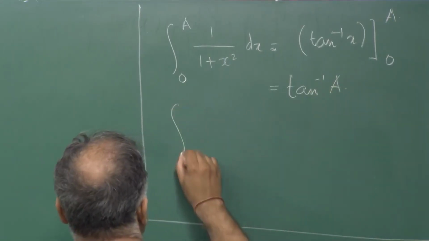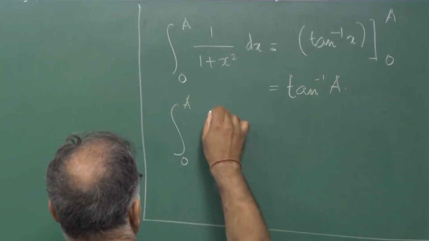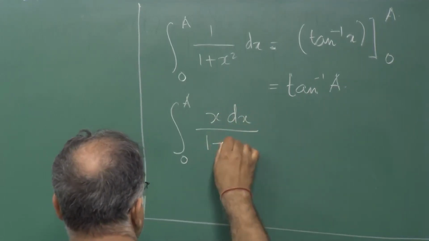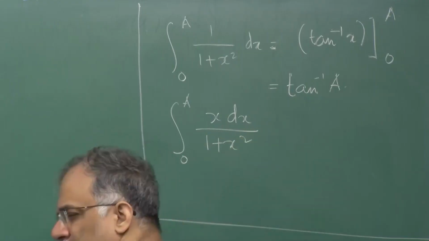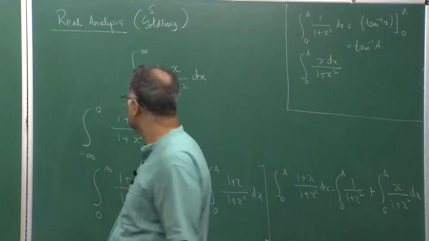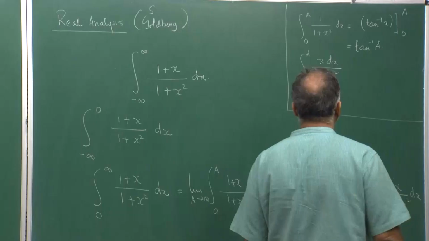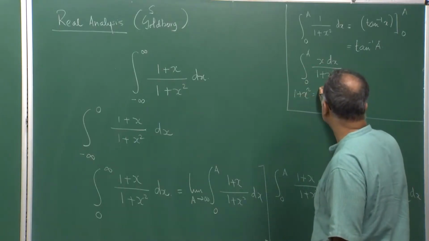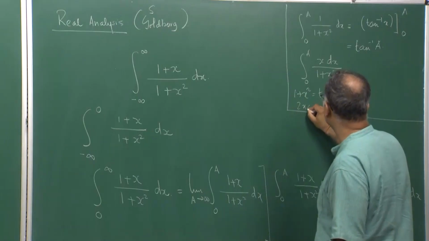The next one, you substitute 1 plus x square as t. When you substitute 1 plus x square as t, you will have 2x dx is equal to dt.